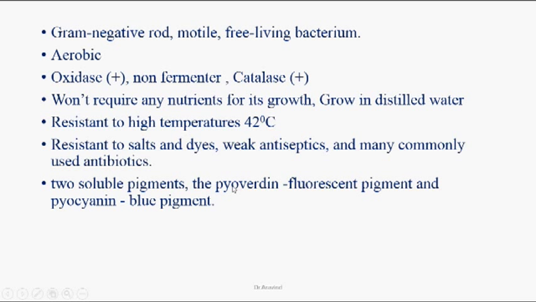By having these two pigments, whenever they grow on culture media, they appear as blue-green colonies, and in some skin infections, because of these two pigment secretions, the pus draining from the infected lesions can look bluish-green.